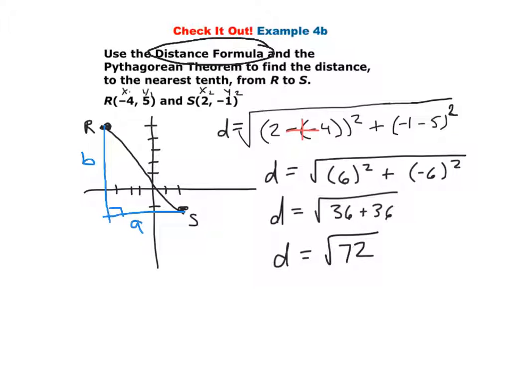We're going over 1, 2, 3, 4, 5, 6. 6. Because we're to the left of the graph 4, and then to the right 2. So we add those and we get 6. So A is equal to 6, and B is, we're going up 1, 2, 3, 4, 5, 6.